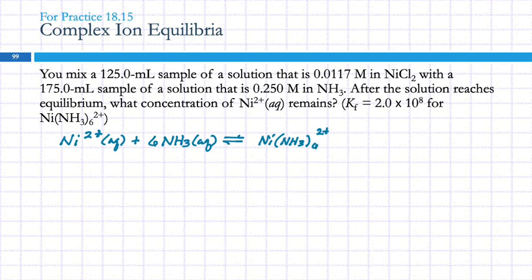So we've got 1.4625 millimoles of nickel. And we have 175 milliliters, that's 0.250 molar in ammonia, and so that's 43.75 millimoles. And none of the complex ion to start with.